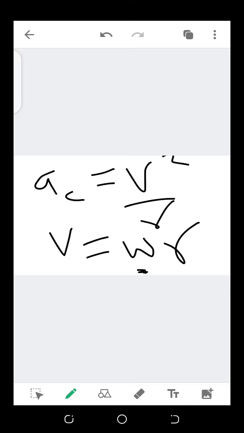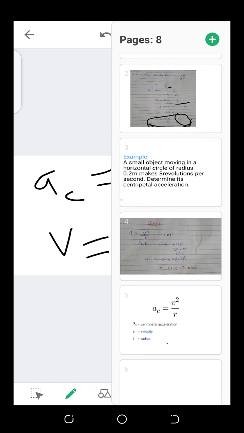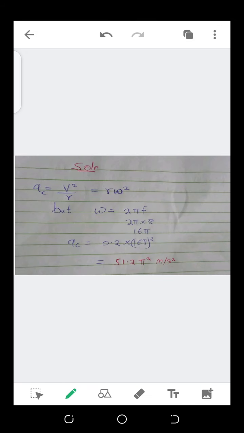Now I want to replace my v there, so that a_c will be v squared, and here we have omega r as our v. If I square the two terms, omega and r, then I'll get the formula a_c equals r omega squared.